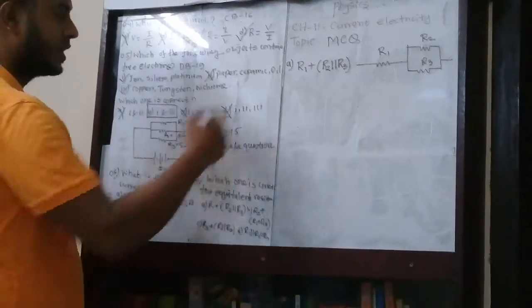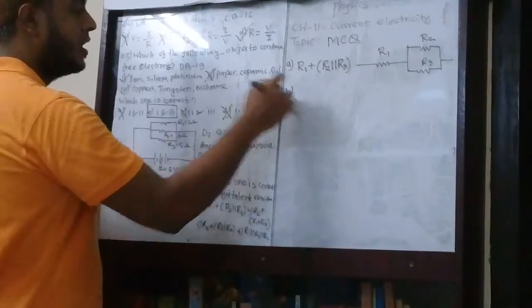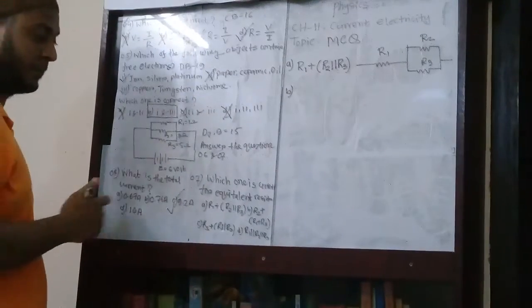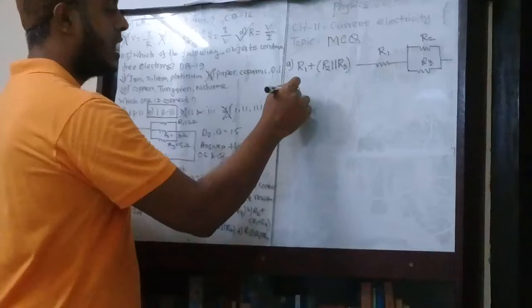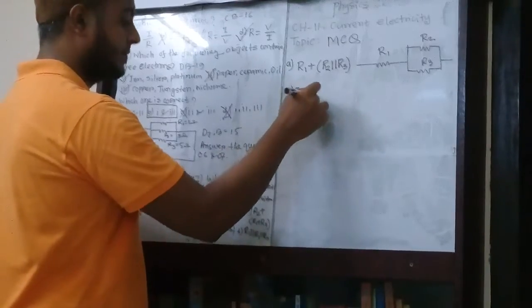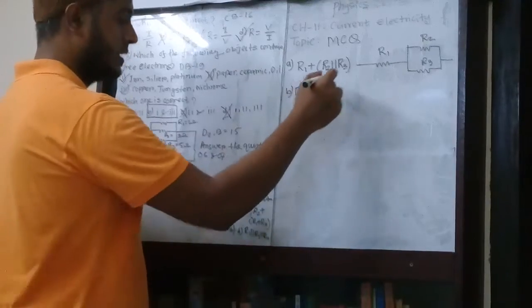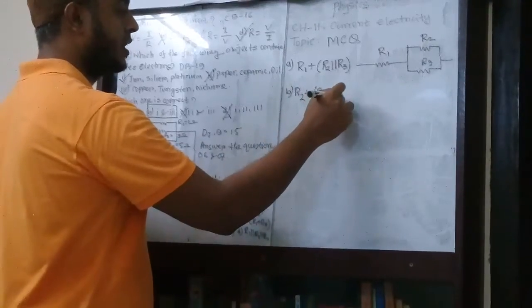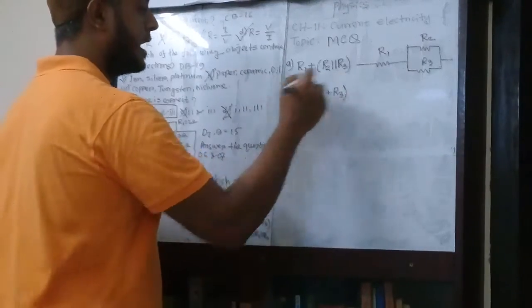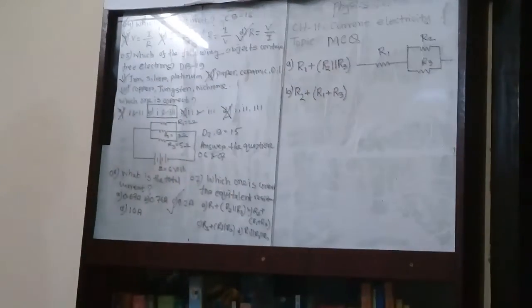And then option number B. This option B is R2 plus, in brackets, R1 plus R3. Okay.